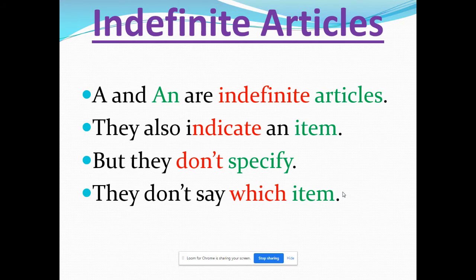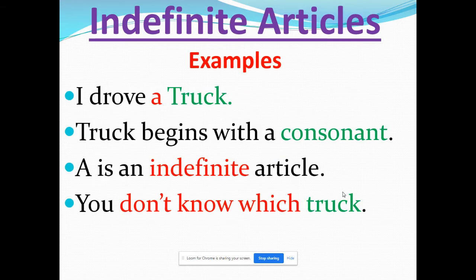so a and an are indefinite articles. They also indicate an item, but they don't specify which item. They specify an item, but not exactly which item. For example, I drove a truck. Not specifically, like when we are talking about the definite article.